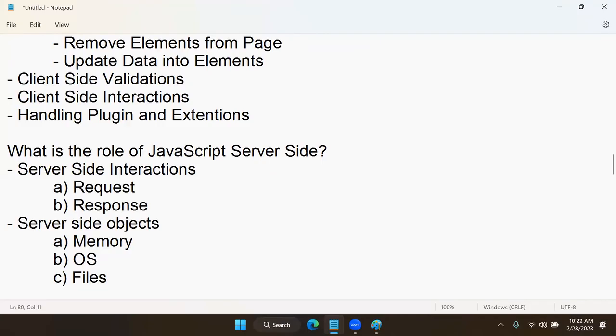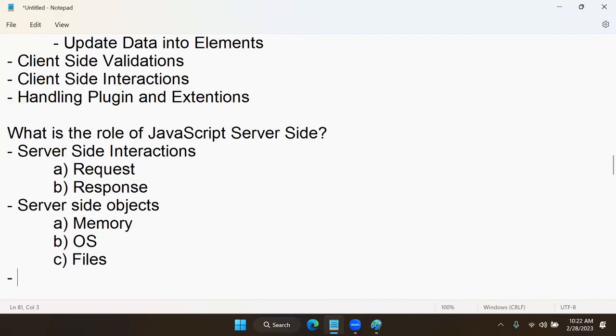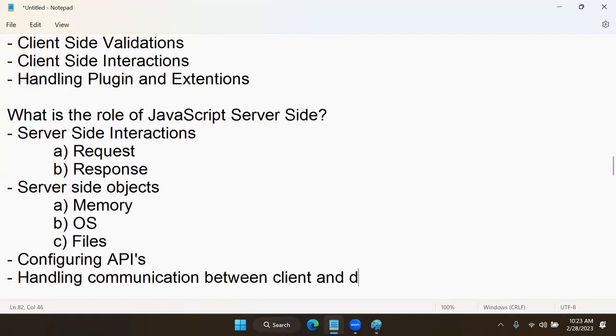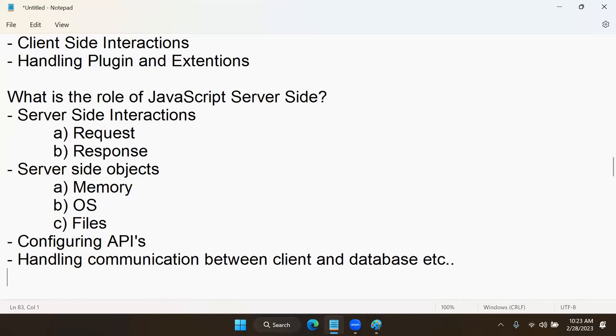These activities are done by JavaScript server side. It is even used for configuring server side APIs, business logic, and it is even responsible for handling communication between client and database.